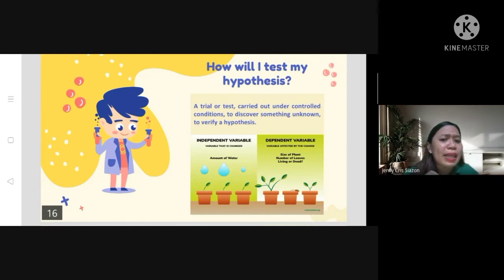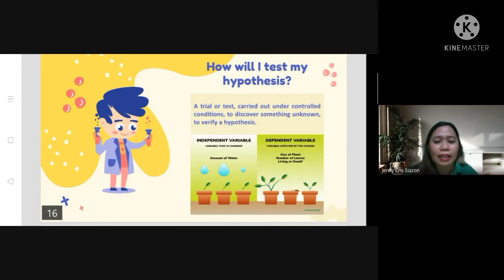So, nung nag-apply ka ng less amount of water, high amount of water, and least amount of water to 3 different plant setups, anong nangyari? Okay?